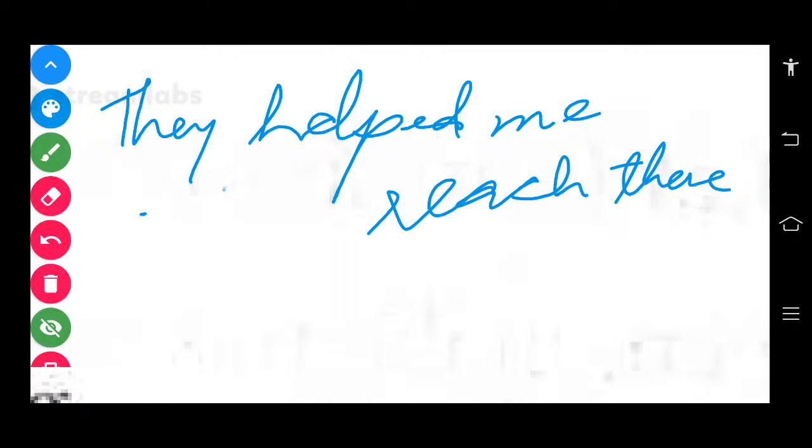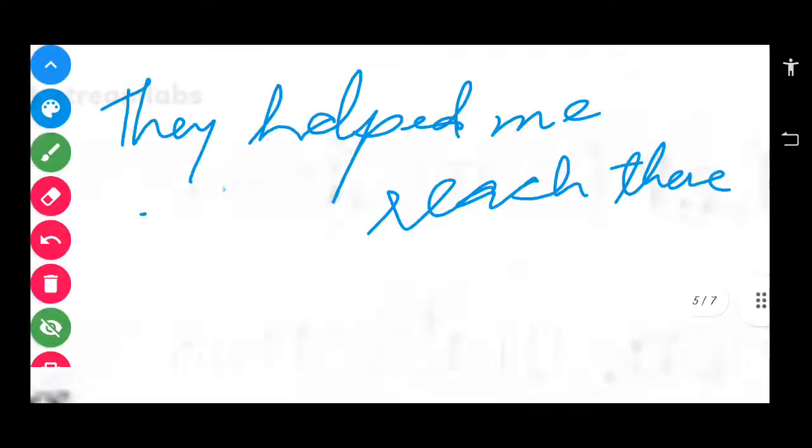So here, they helped me. Up to there you have to think of it as a sentence. But when it comes to reach there, reach there has to be considered a non-finite verb, a direct infinitive. In the passive, we have to make it a to-infinitive. I was helped to reach there. Very good, correct answer, Dhanush. Did you understand? This is rule number 10.